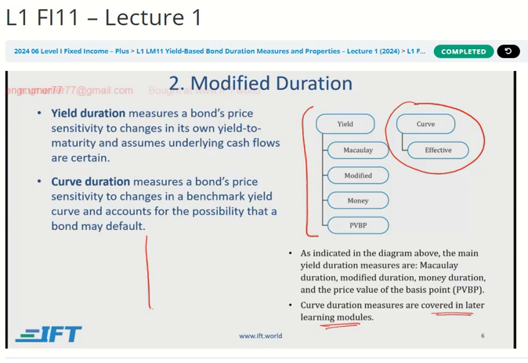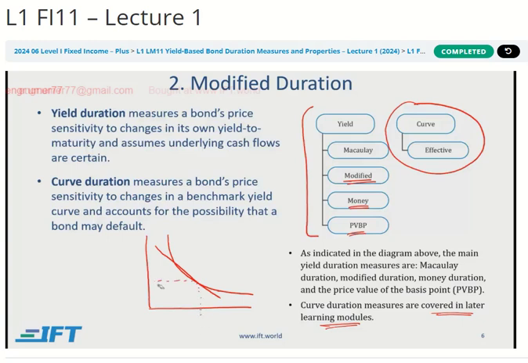If you go back to this relationship that we discussed earlier, and we talked about a convexity in this relationship. Now, these measures such as modified, money, and price value of a basis point, they are linear measures in the sense that they will try and tell you the slope, right?